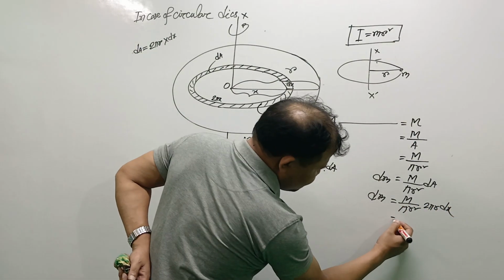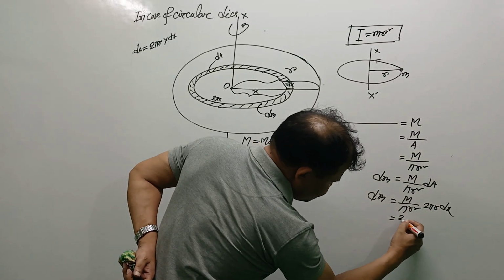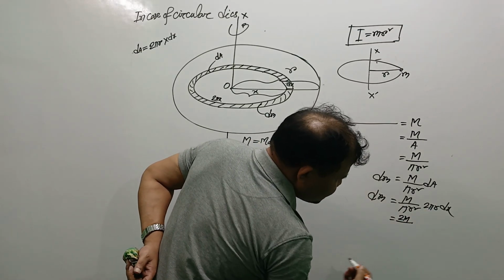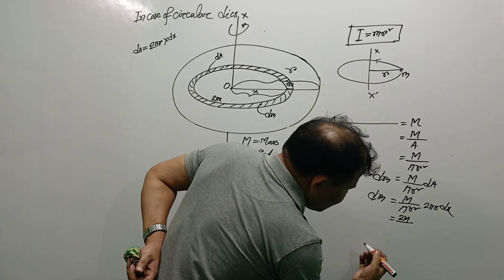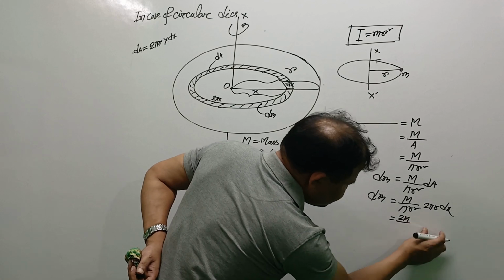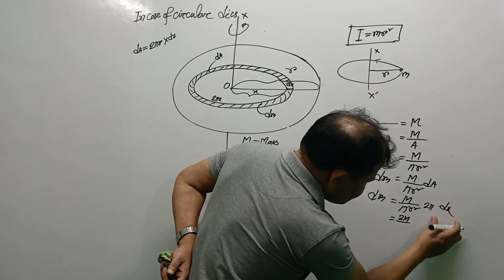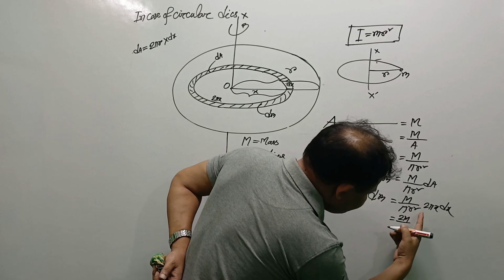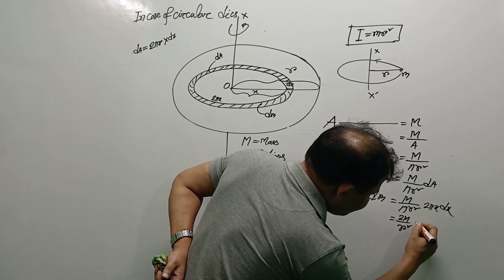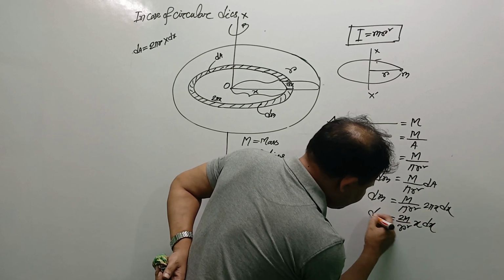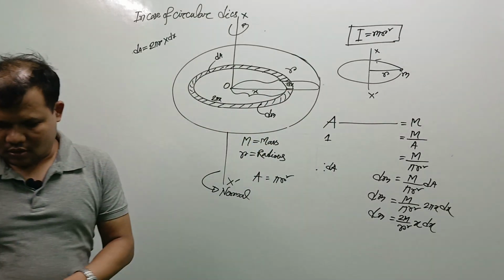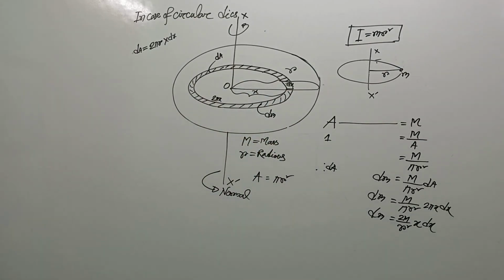So pi cancels out, and we get 2m divided by r square, x into dx. This is the very small mass for the cross sectional area. I think all of you clearly understand.